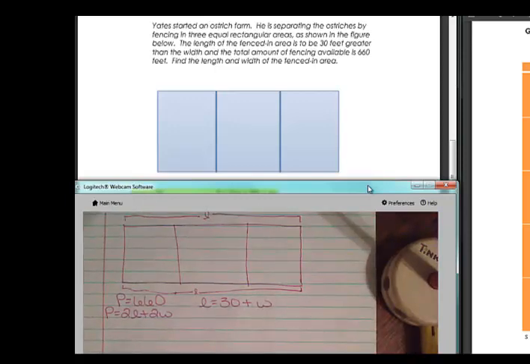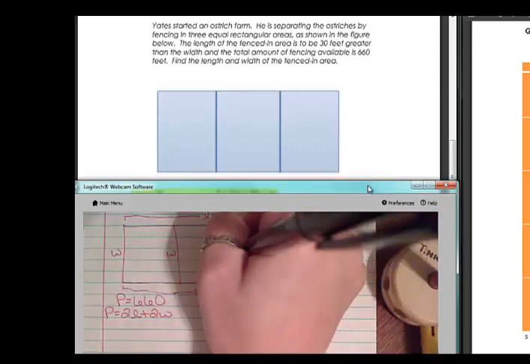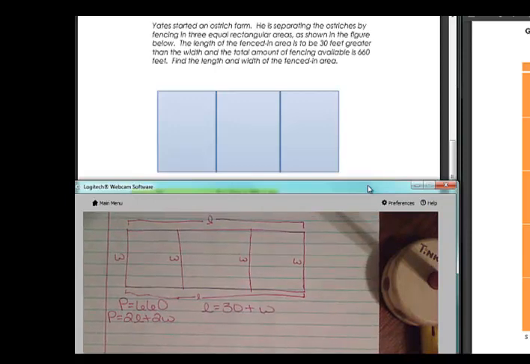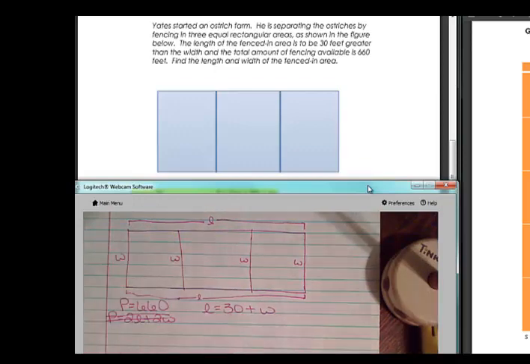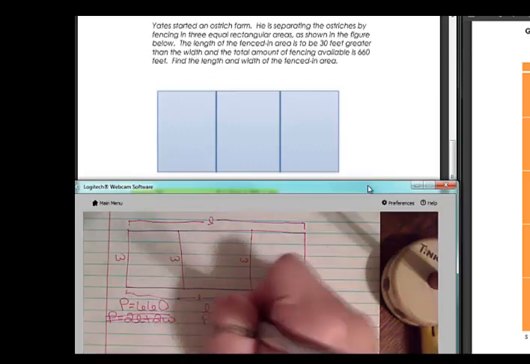We have 1 W here, 2 W's here, 3 W's here, and 4 W's here, because we're dealing with more than one rectangle in this case. So instead of having 2L plus 2W, as we usually do, our perimeter equation is going to be 2L plus 4W.